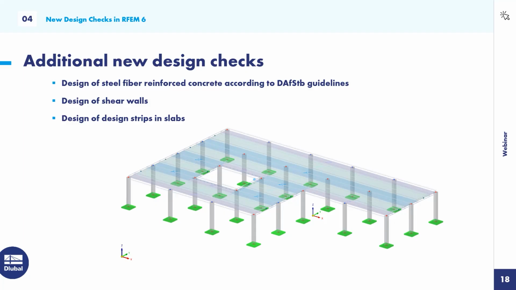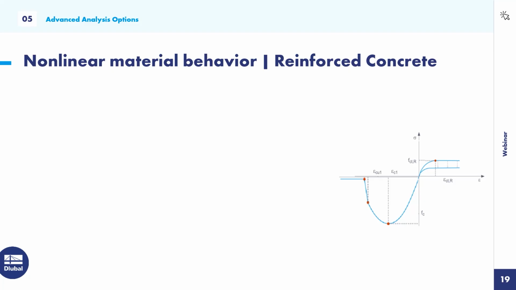This comes from the United States. The ACI or Canadian standard very often work with these design stripes for the design of slabs. So now this is also available in RFEM 6.